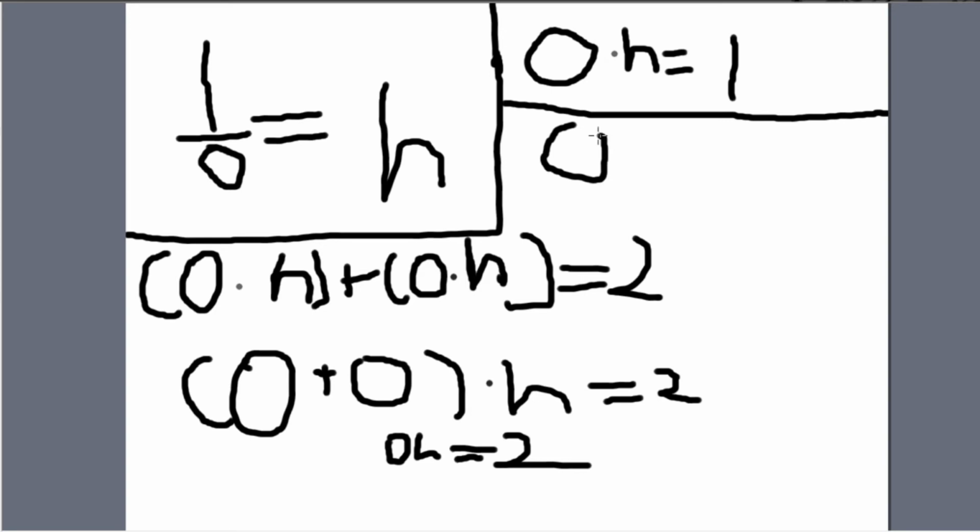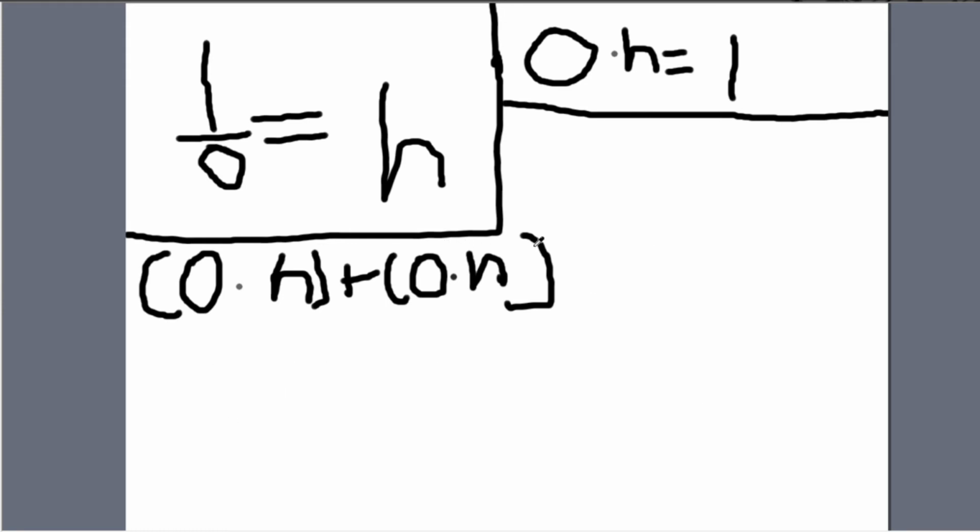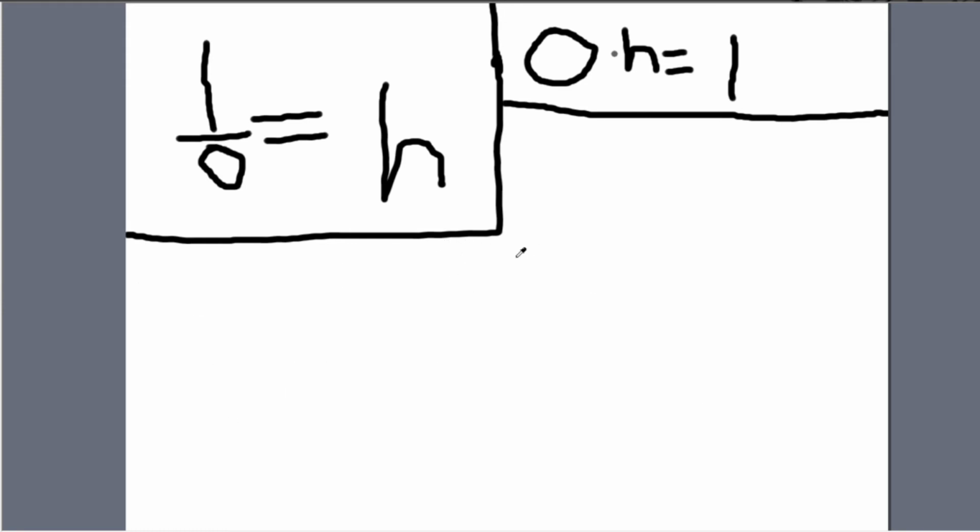So 0 times h equals 2. Wait, actually, let me just delete all my old stuff before I put that in. Zero times h equals 2.